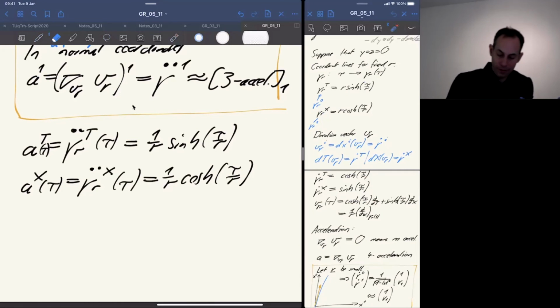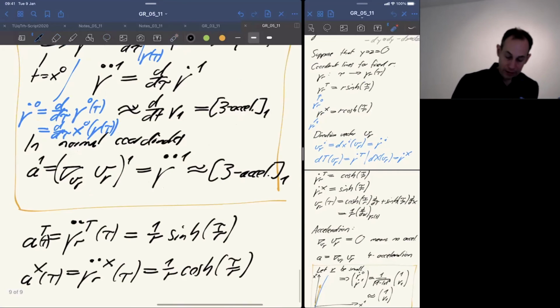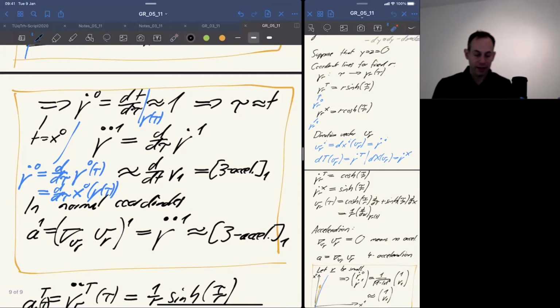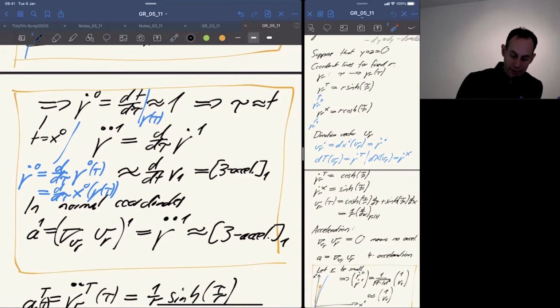I forgot to say one thing. In this approximation that we are doing of small velocities, the a0 direction of the acceleration will also not contribute. So the length of the acceleration vector is essentially the same as a1.